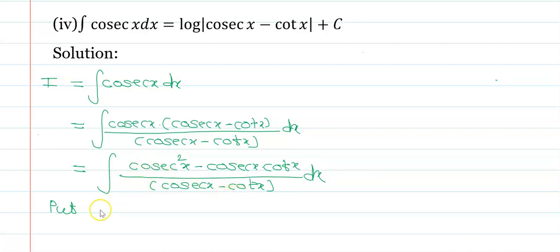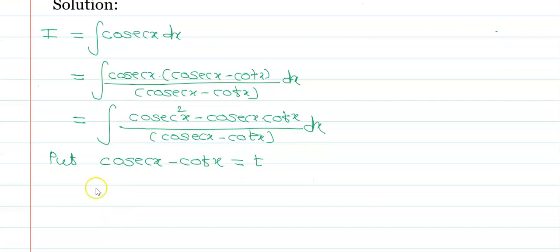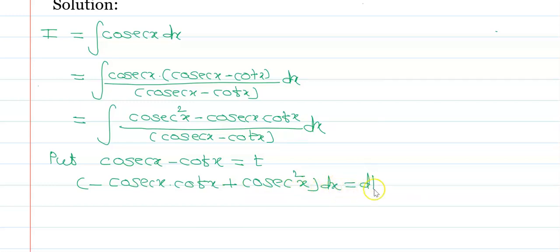Therefore, we will substitute here. Put cosec x minus cot x is equal to t, and therefore its derivative is minus cosec x into cot x plus cosec square x, bracket complete, into dx is equal to dt.